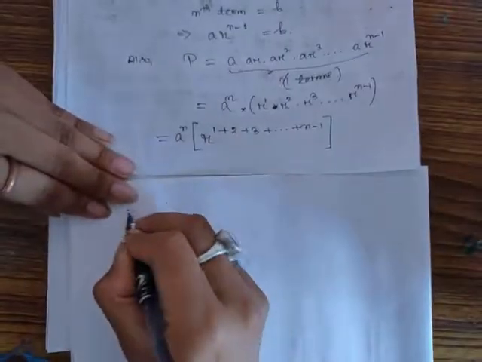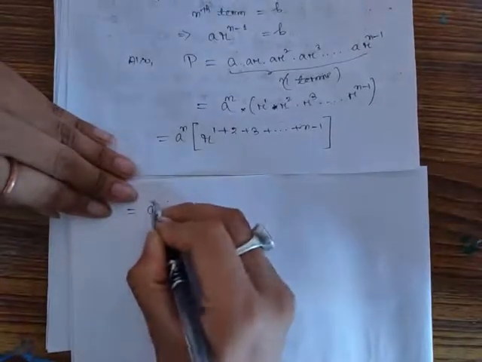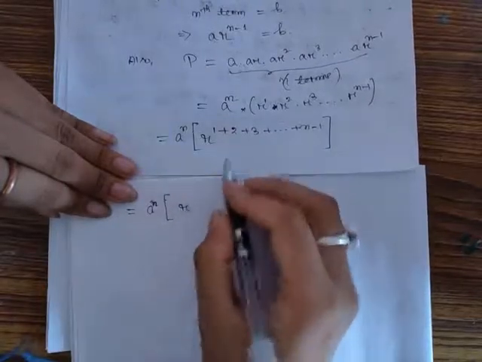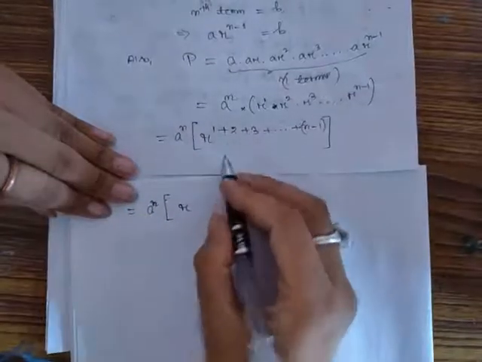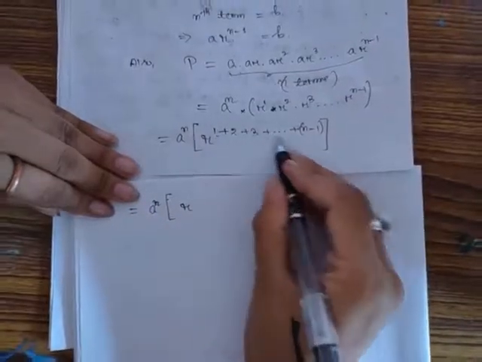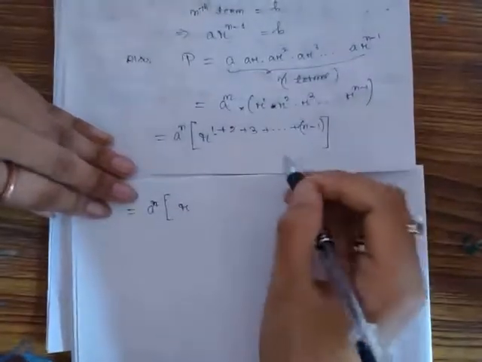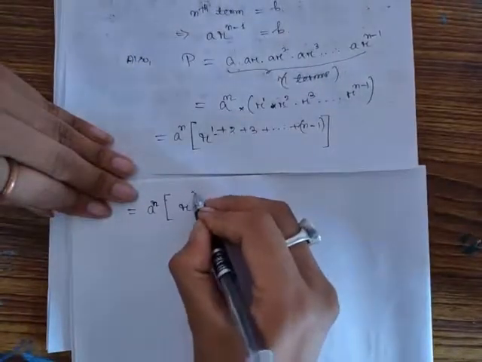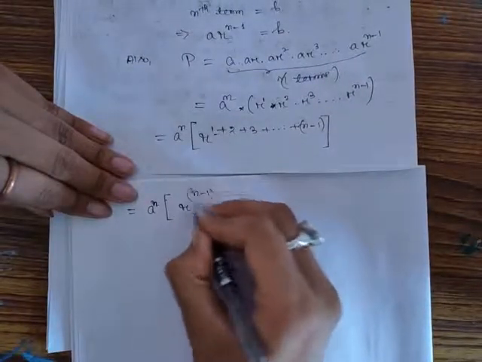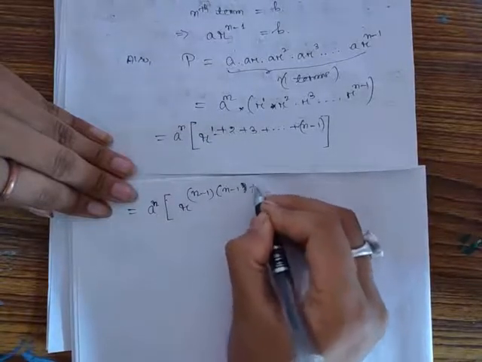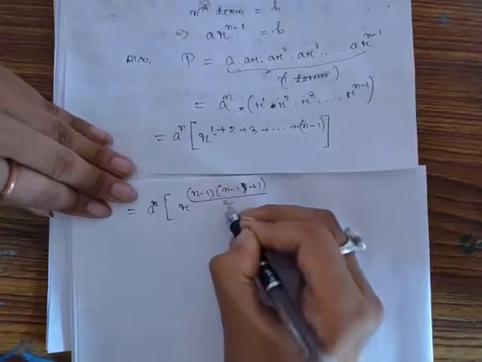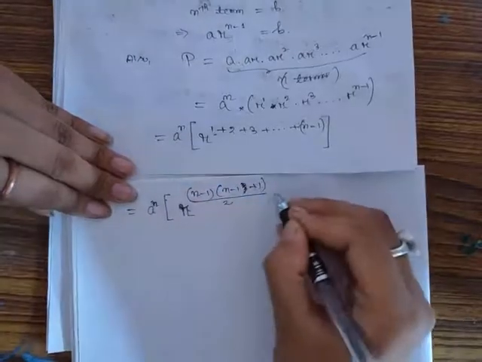So next we add the powers. Next step: a to the power n, r to the power 1 plus 2 plus 3 goes to n minus 1. So this is the summation of the first n natural numbers, so we will get r to the power (n minus 1) into n by 2, this is a formula.